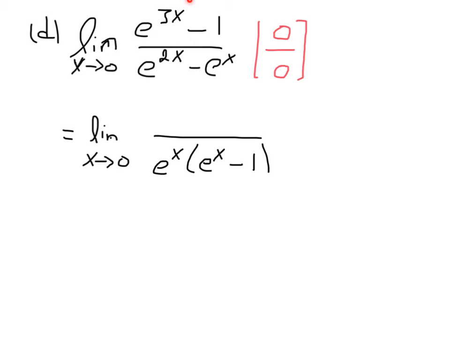And now we have to look at this numerator. The problem with this function is that when x is 0, this e to the x minus 1 is 1 minus 1, which is 0. So somehow I'm going to have to cancel this term if I'm going to be able to solve this limit. It would be nice if I could see an e to the x minus 1 in this numerator.